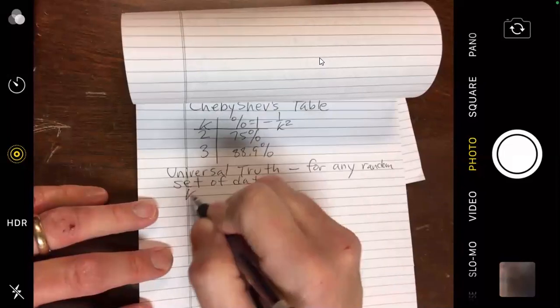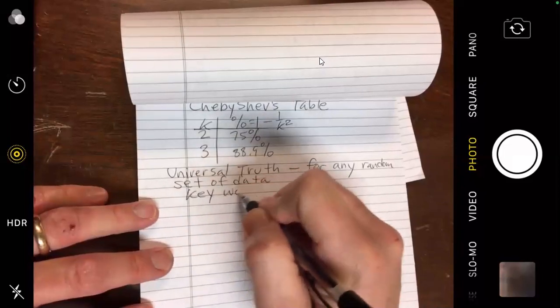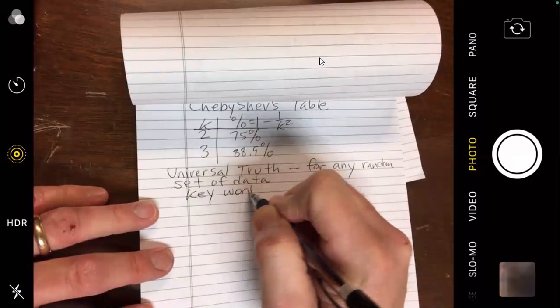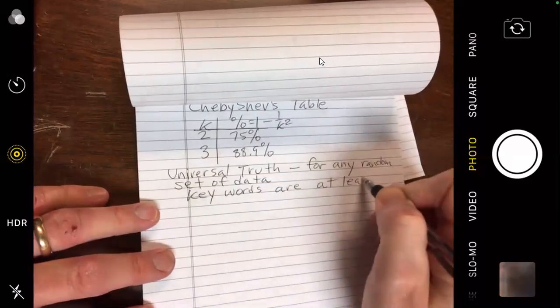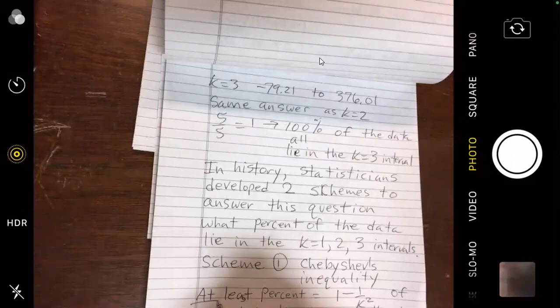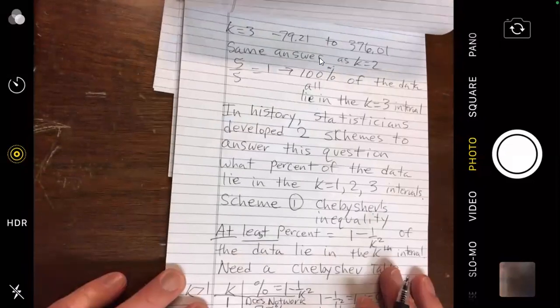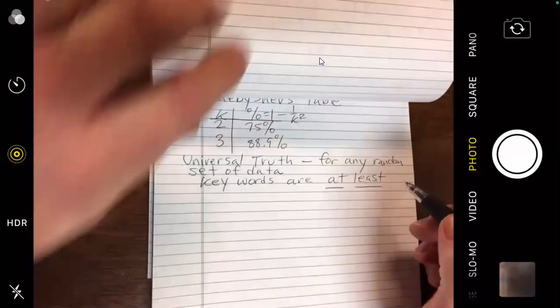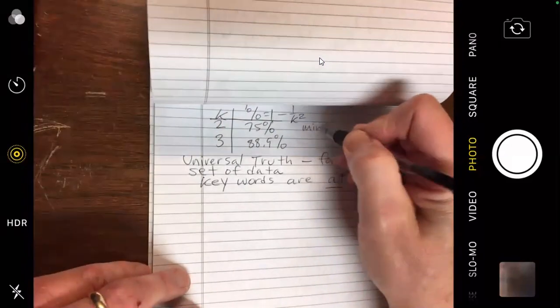The keywords are at least. This makes these minimum percentages.